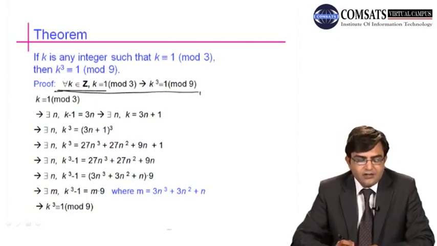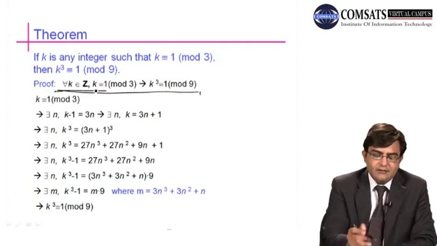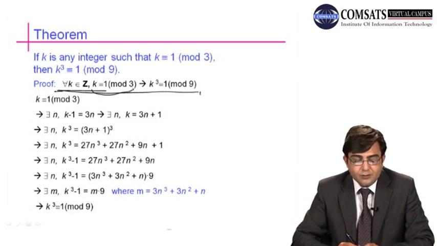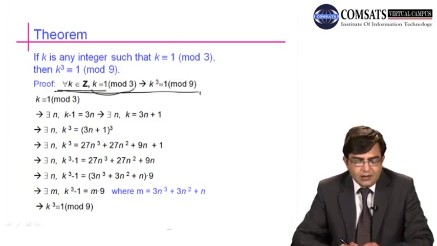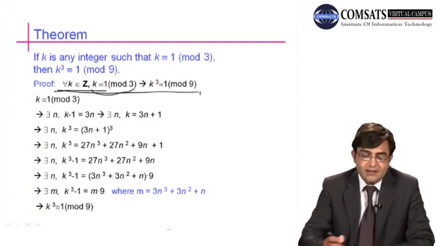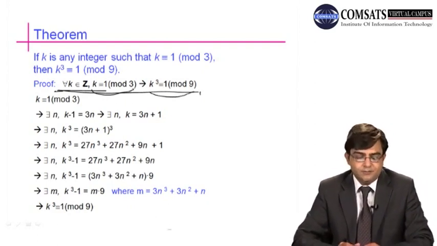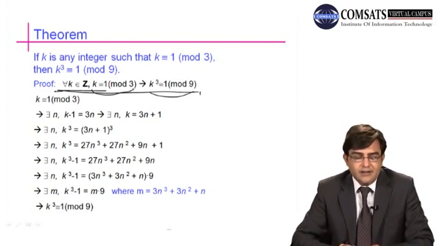Now we suppose the hypothesis of the conditional statement is true, and we have to prove, using existing mathematical results, that the conclusion is true. So we suppose that k is congruent to 1 mod 3.